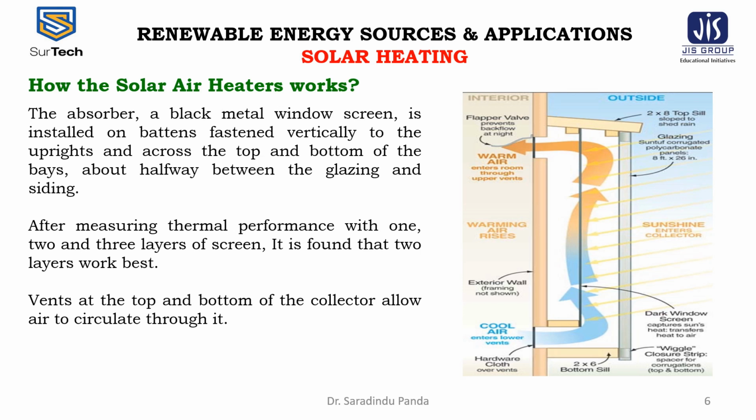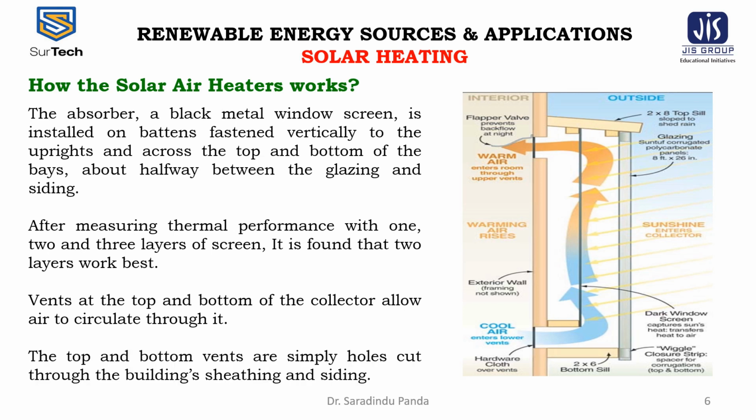Vents at the top and the bottom of the collector allow the air to circulate through it. The top and the bottom vents are simply holes cut through the building's sheathing.